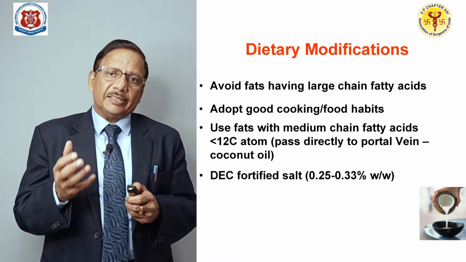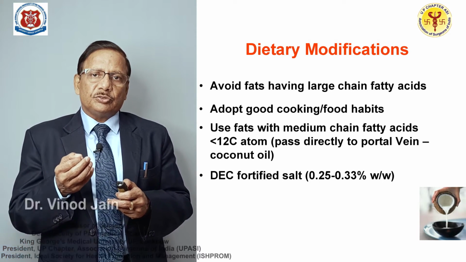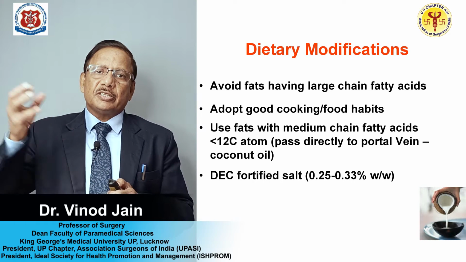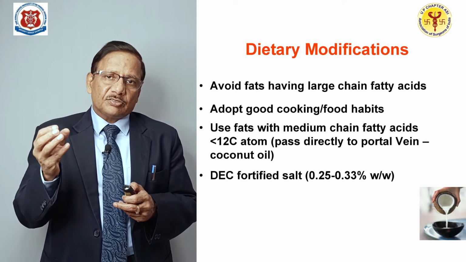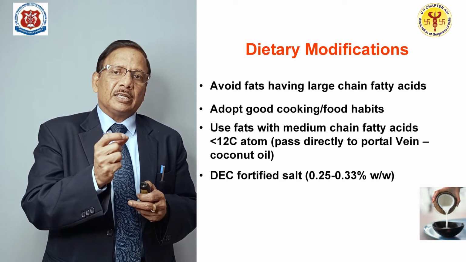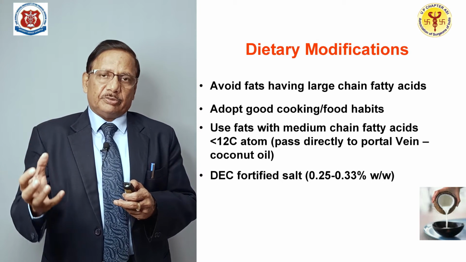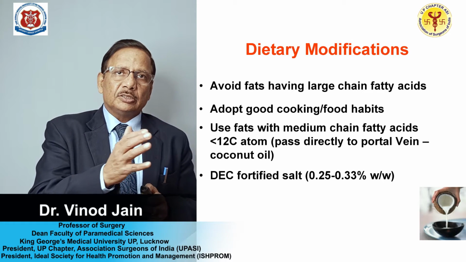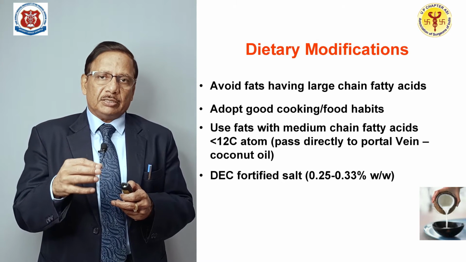What are those dietary modifications? First and foremost, you need to avoid the fats which have long chain fatty acids, because you remember the diagram, the intestinal trunk was opening into the cisterna chyli. That means the fat in the form of chylomicron is absorbed from the intestine and goes into the lymph tract. So all the long chain fatty acids are absorbed through the intestine.